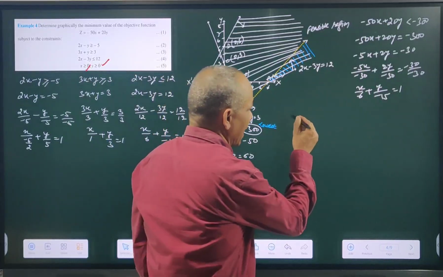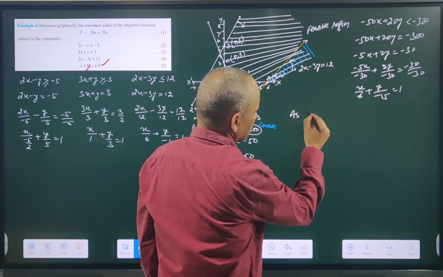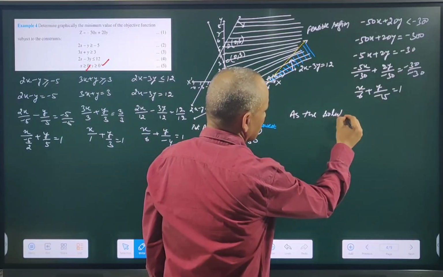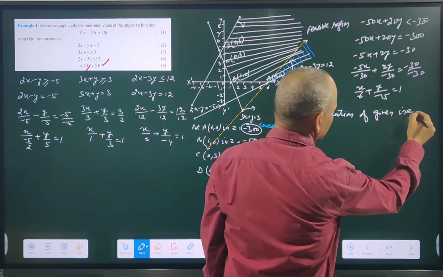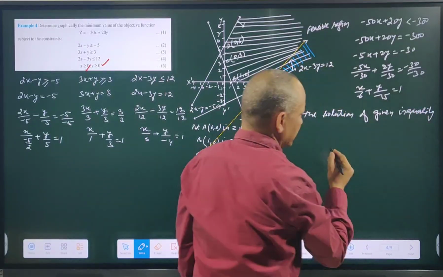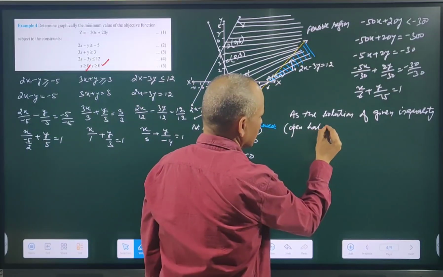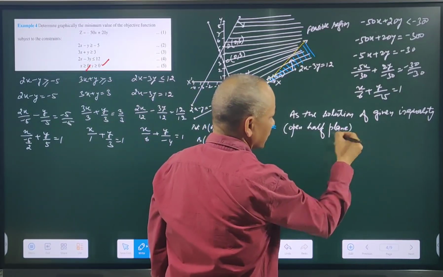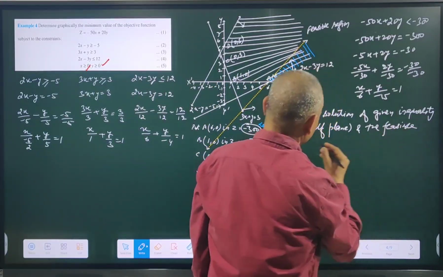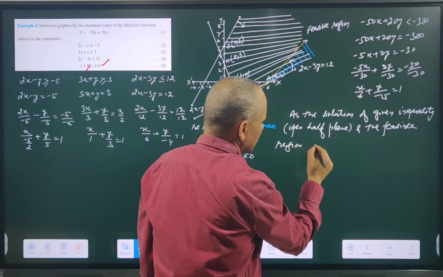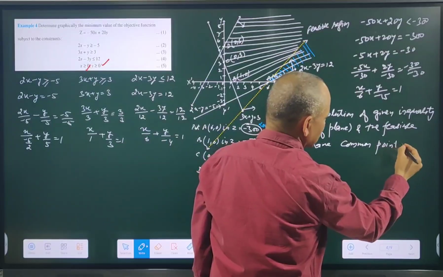So we will say that the solution of the given inequality, which we call open half plane, and the feasible region have common points.